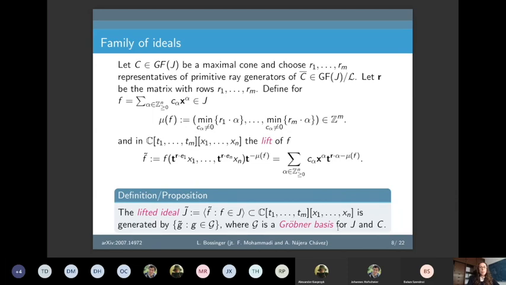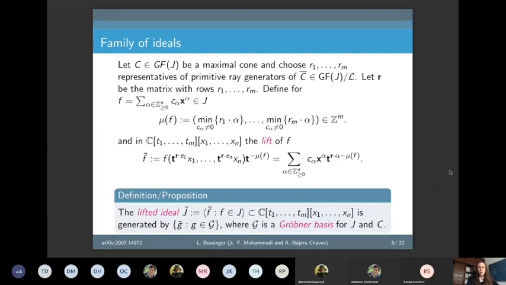So a Gröbner basis for J and C is a set of generators of the ideal J whose initial forms with respect to C also generate the initial ideal. So this might be more than just any generating set for the ideal J. And then the proposition here is that, in fact, this lifted ideal is generated by the lifts of Gröbner basis elements.